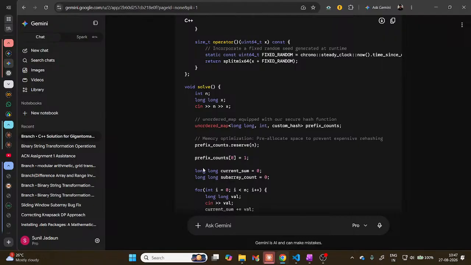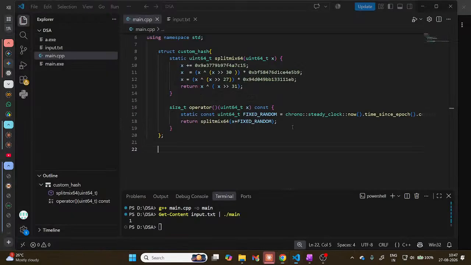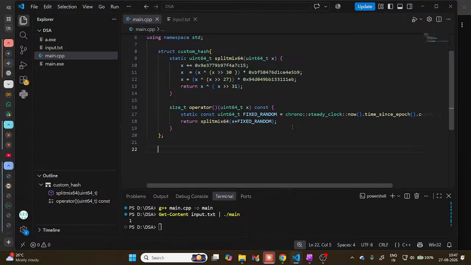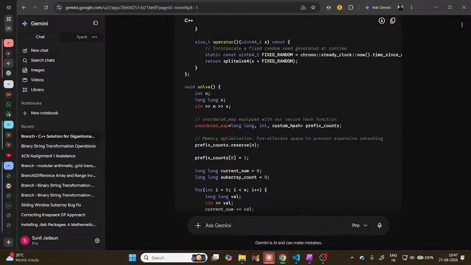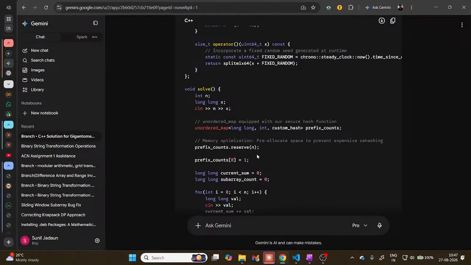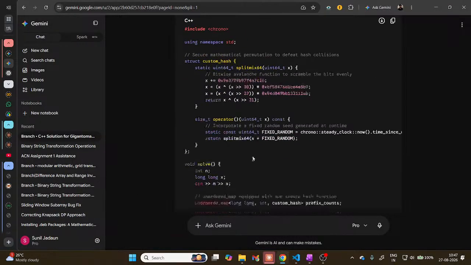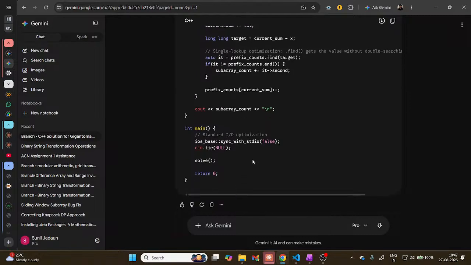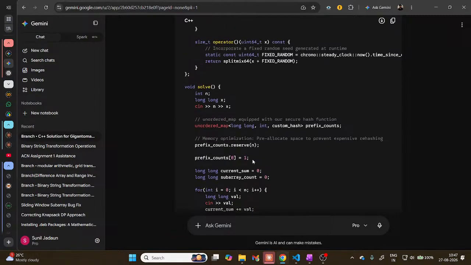Then we can have everything solve with the custom hash. Okay, we can pass the function also, right? Where is the main? We just have solve.